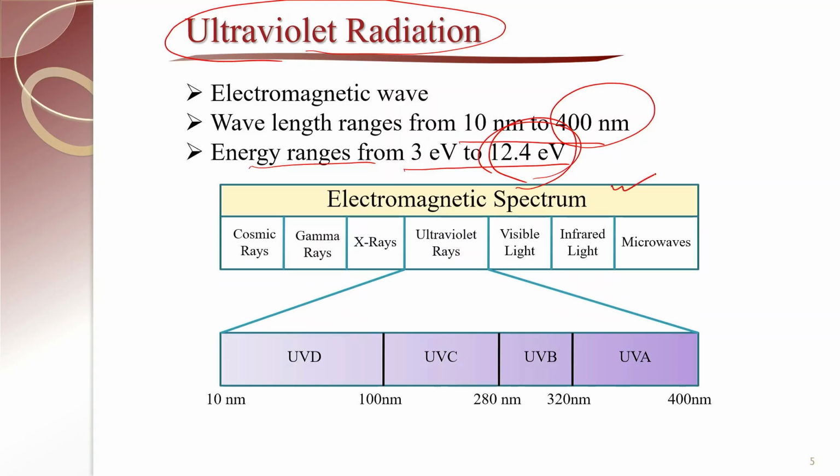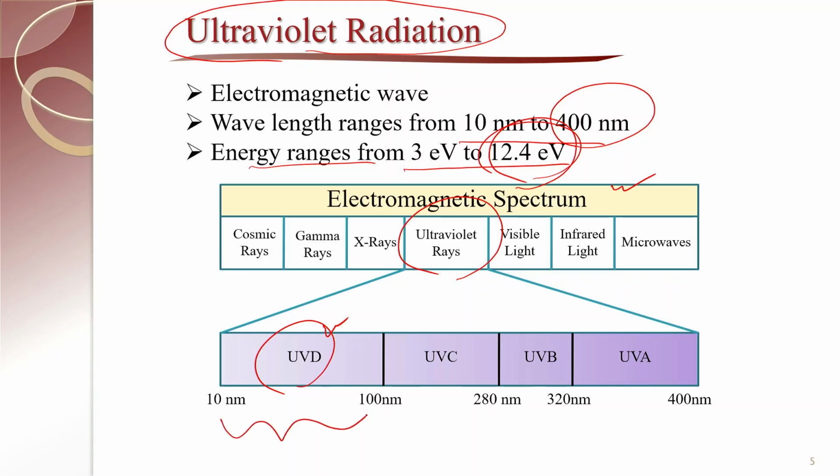This electromagnetic spectrum of ultraviolet rays can be subdivided based on the wavelength. Earlier we have discussed UV A, B, C, which normally physicists use, but biologists divide into 4 categories: UV A, B, C, D. D is the range with a very low wavelength.